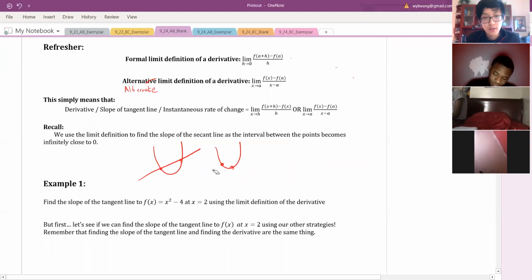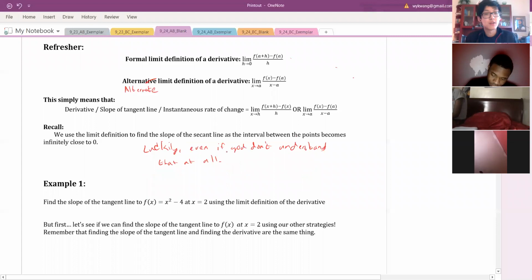But another thing is, luckily, even if you don't understand that at all, we can still use these equations. I remember when I first took Calc AB, I don't feel like I was a good student, but I did not even bother to really understand what was going on with the secant lines and stuff.